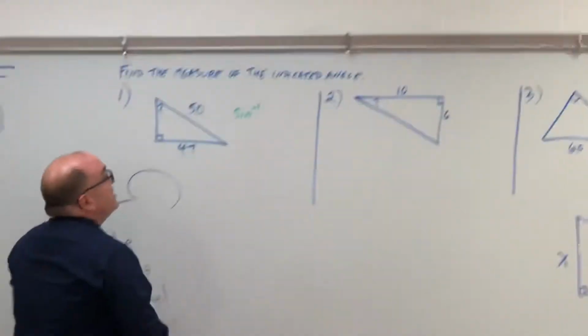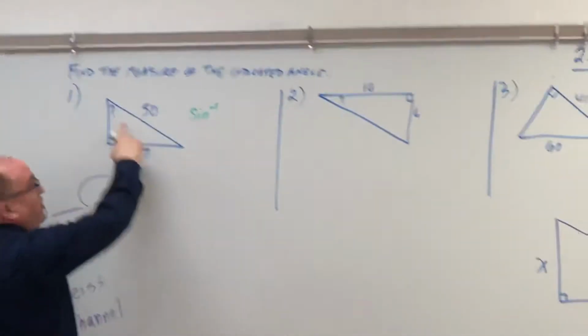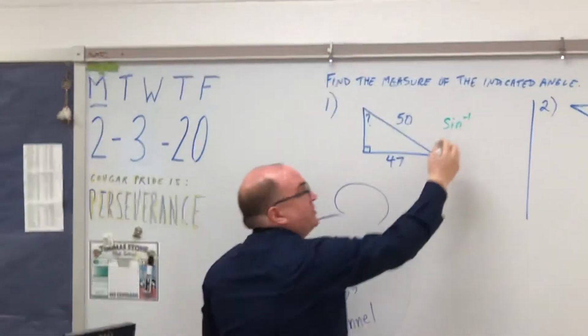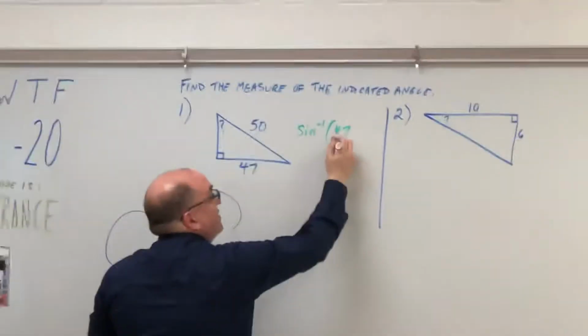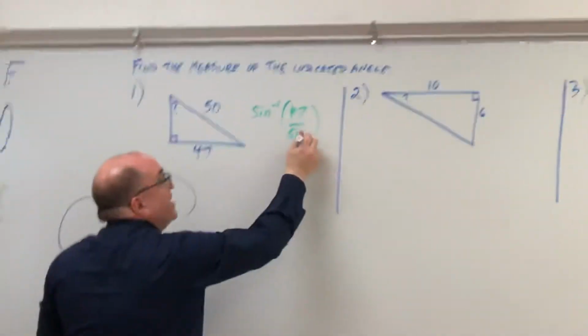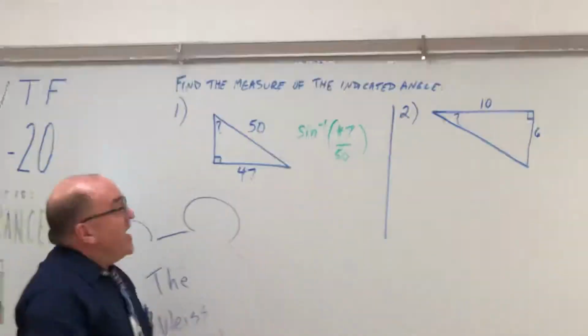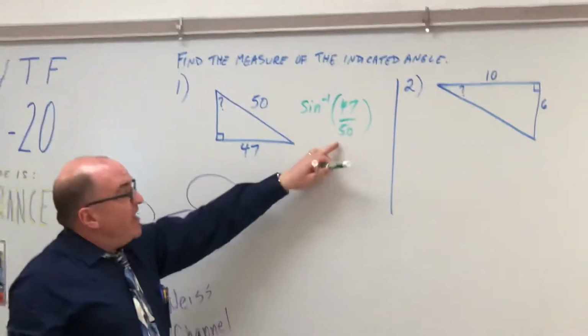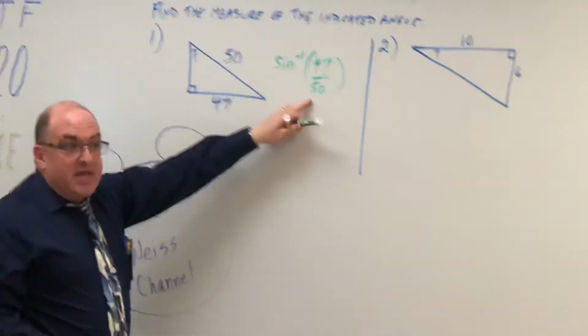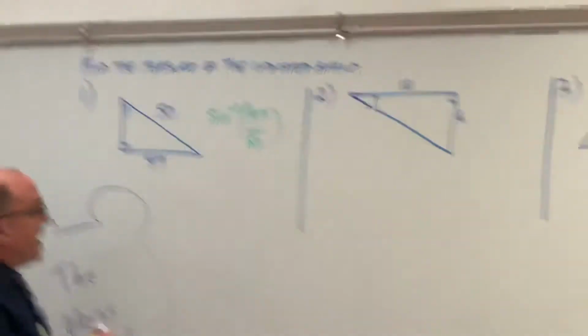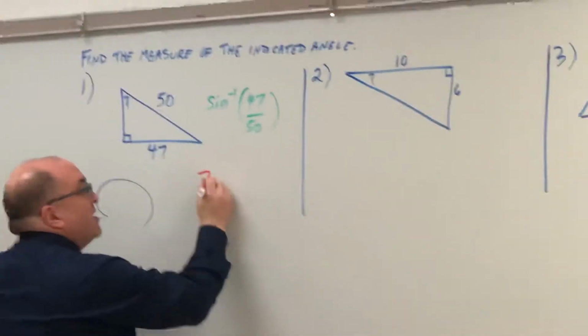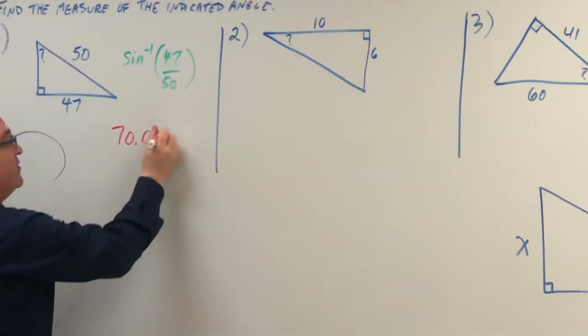So we're going to use inverse sine and we're going to do opposite over hypotenuse. 47 divided by 50. So if you hit inverse sine 47 divided by 50 and then equals, you should get 70.05 degrees.